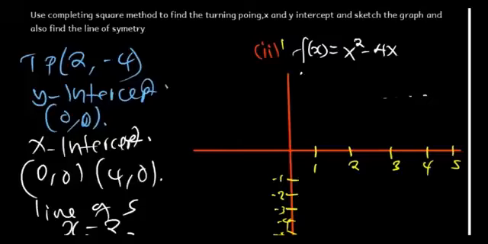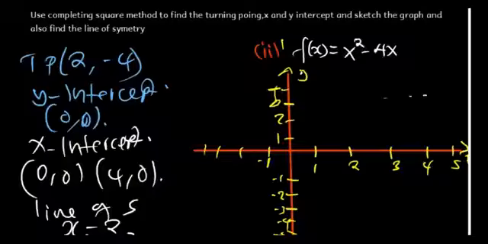So here I'm going to have 1, 2, 3, 4. This is the y-axis, this is the x-axis. I'm going to have 1, 2, 3, 4, and -1, -2, -3, -4.